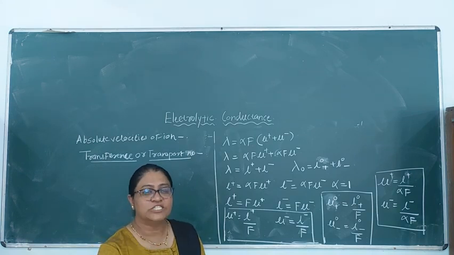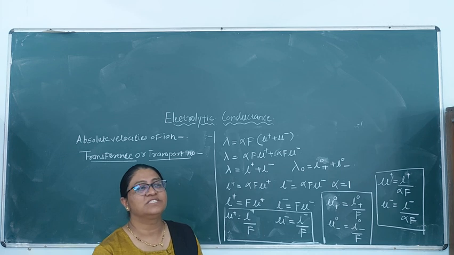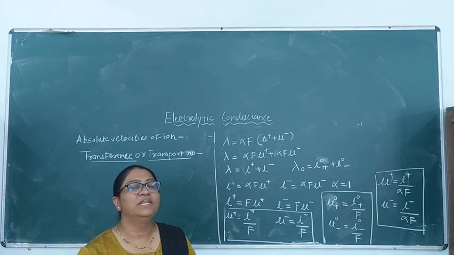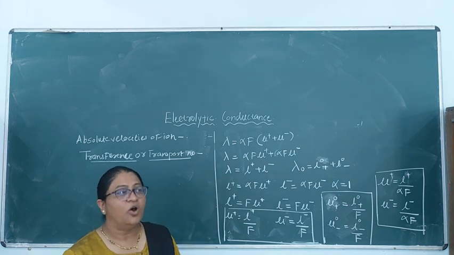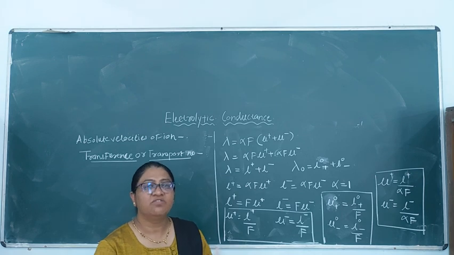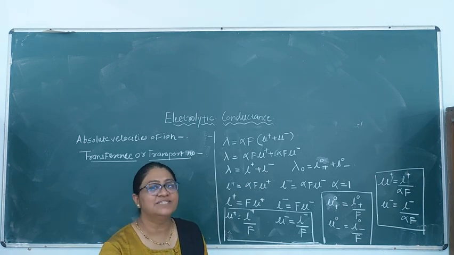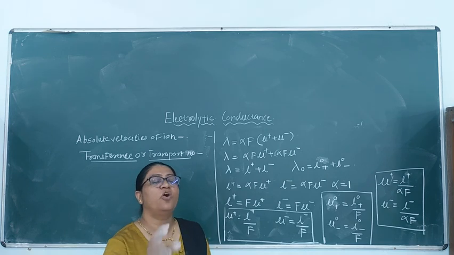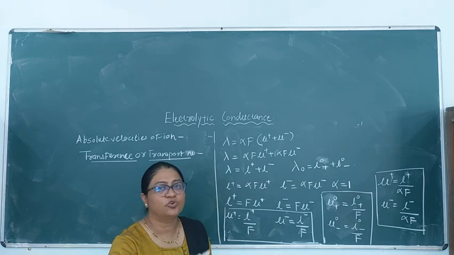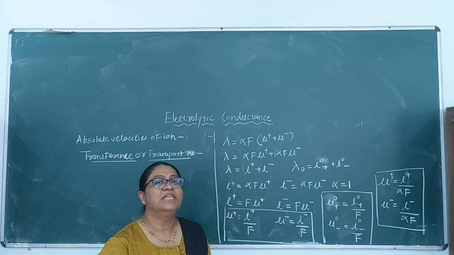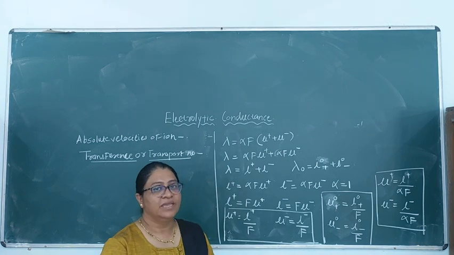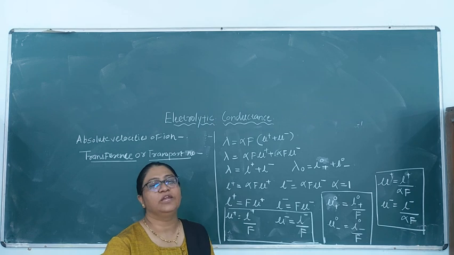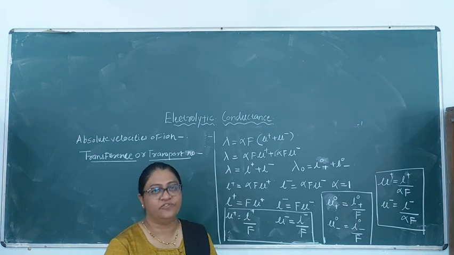The contribution of the ion in the equivalent conductivity depends obviously on the velocities. When the velocities of anion and cation in the electrolyte are the same, their contribution is also the same. But when the velocities of cation and anion are different, their contribution is also different.